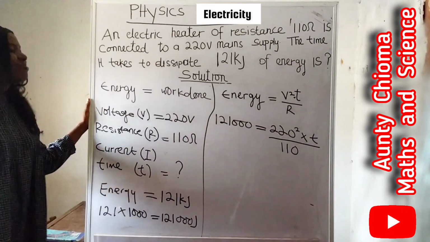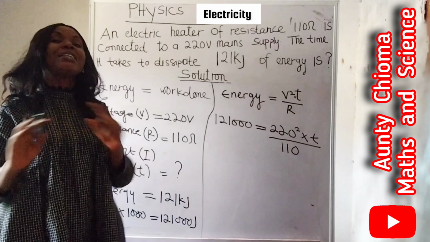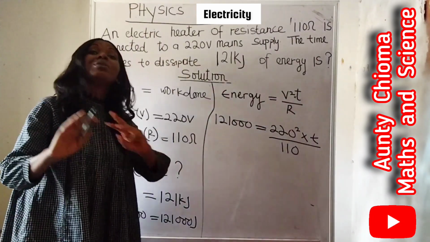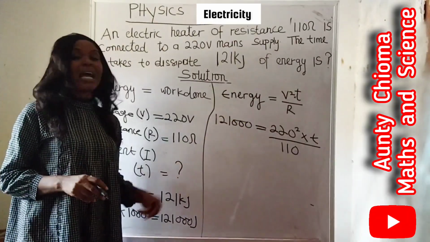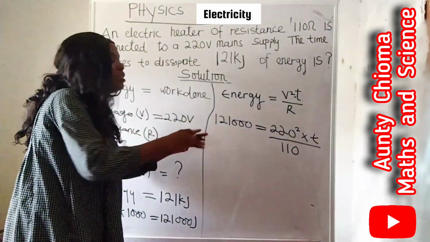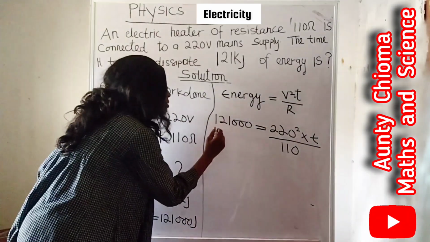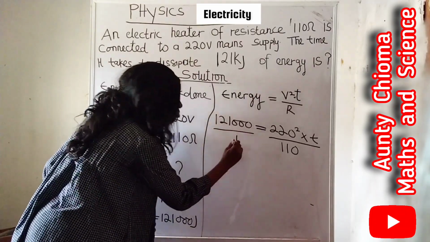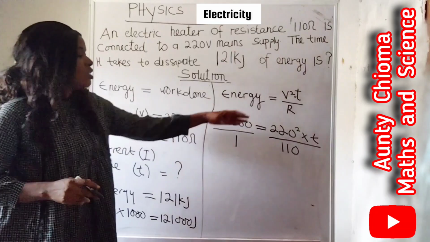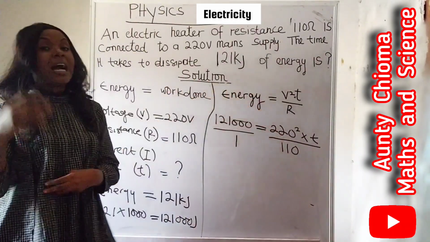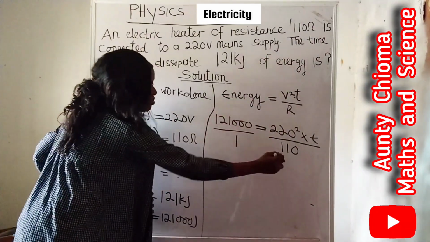I always tell my students, for mathematics, when a calculation of any kind comes to this format, the only thing remaining for you is to cross multiply. And to make it look uniform and more organized, I put this one over 1, so this one is in fraction and this one is also in fraction. Having done so, I cross multiply.